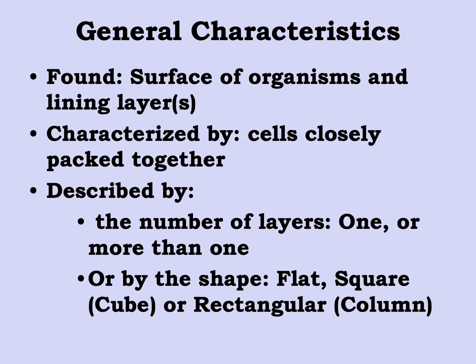We'll start with some general characteristics of epithelial tissue. They're going to be found on the surface of everything, so any type of organ, any type of other tissue will be covered by epithelial tissues. These are the principal cells we'll see within the epidermis in terms of the integument.